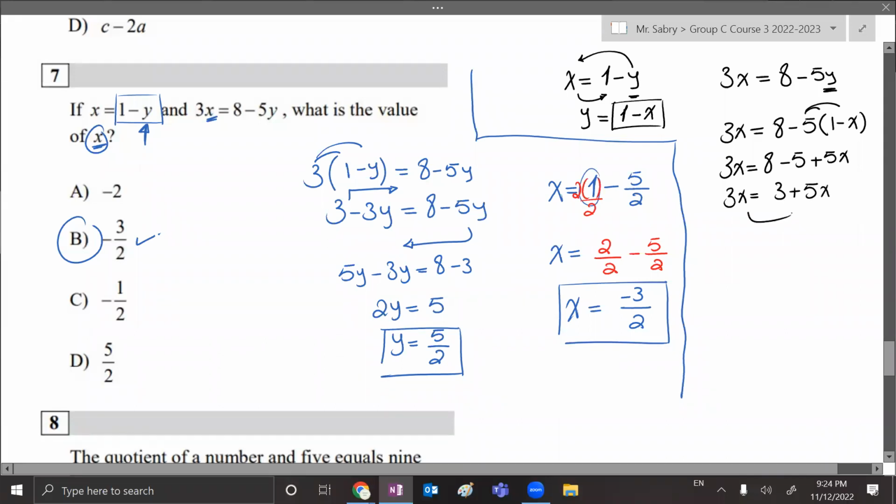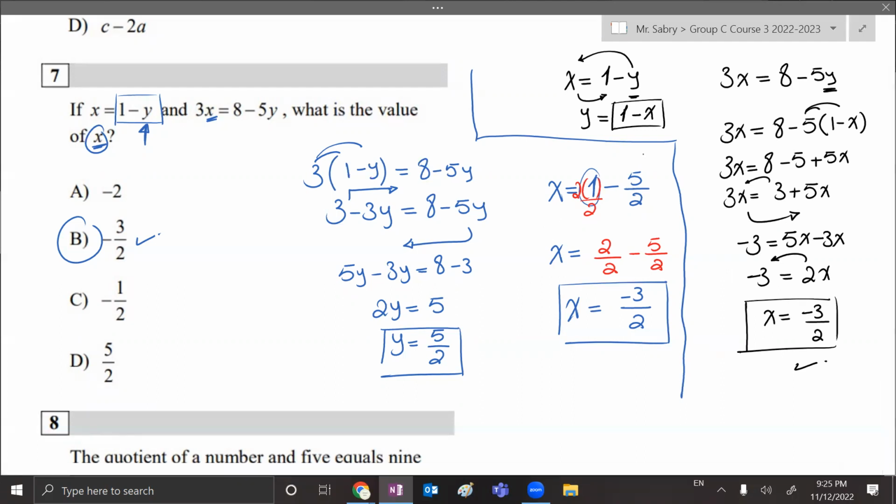I'll move the x's on one side and the numbers on the other side, so negative 3 equals 5x minus 3x, which means negative 3 is equal to 2x, and then move the 2 to the other side, so negative 3 over 2. This way, I'm getting the x value right away without the need of getting y and then substituting. They're both okay. I just want you to be able to accept both perspectives, that's all, and see them both. Are we good?